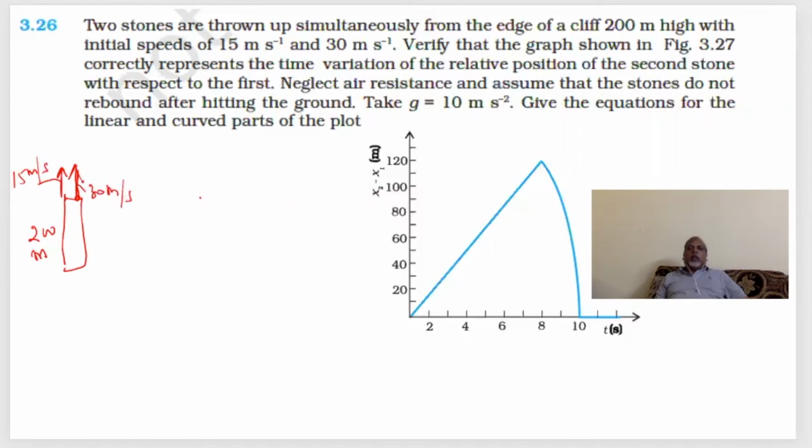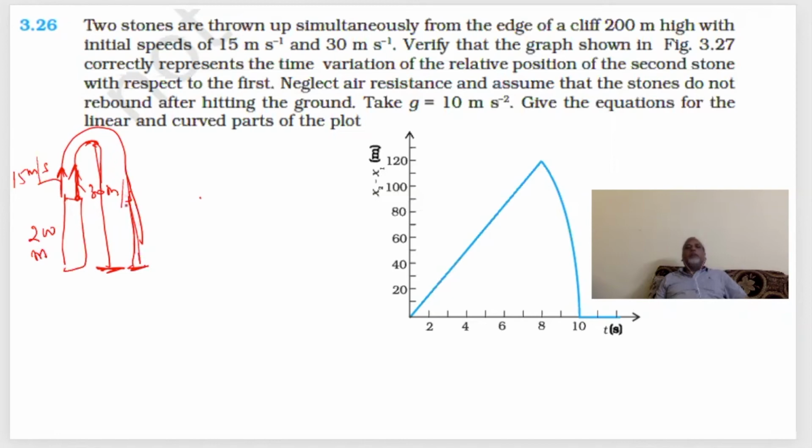Correct? How will their trajectory be? They will go up, and when their velocity is 0, then they will go down. And then they will reach the ground. Like that, it will also be like this.